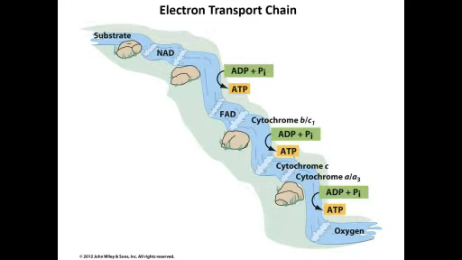When you're looking at the electron transport chain, it's like water moving downstream. As you move downstream, with incremental steps in the process, the amount of potential energy transferred from one molecule to another decreases. The final step involves transferring the electrons to oxygen.